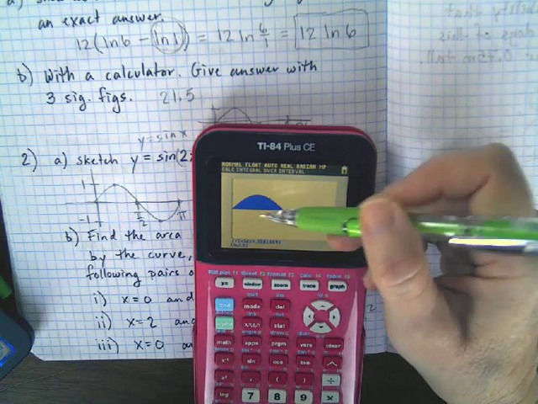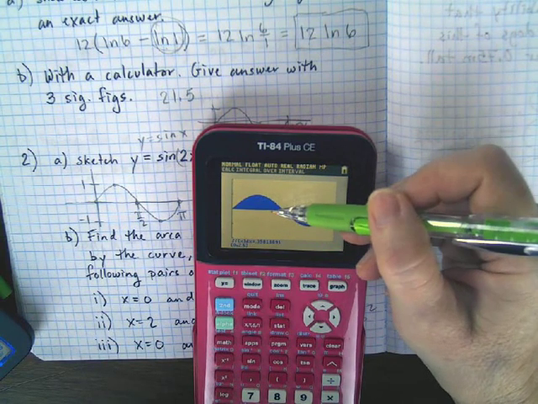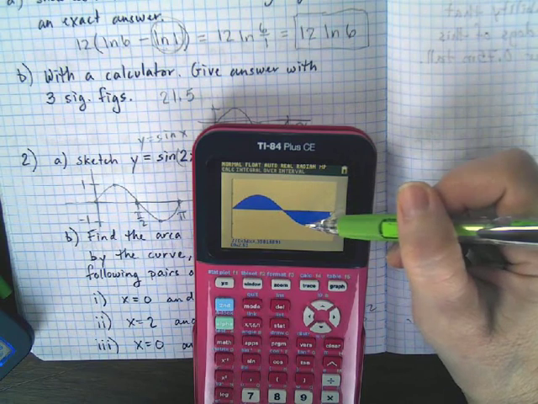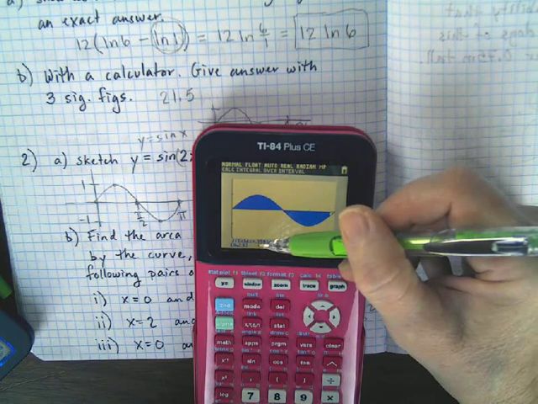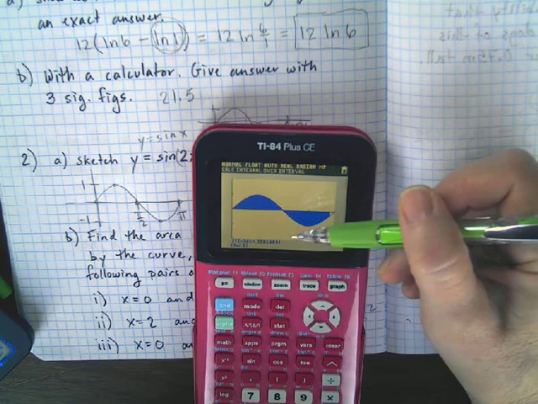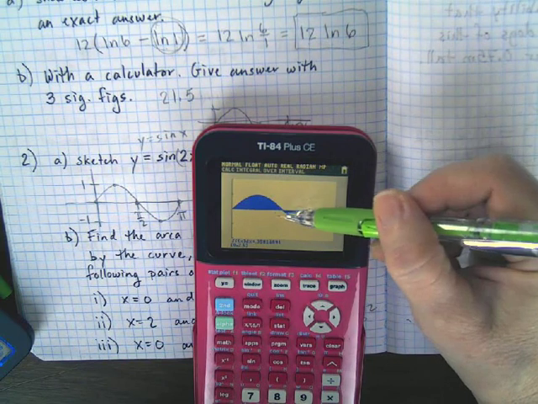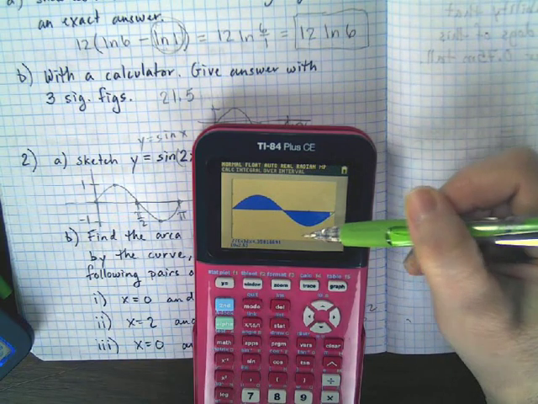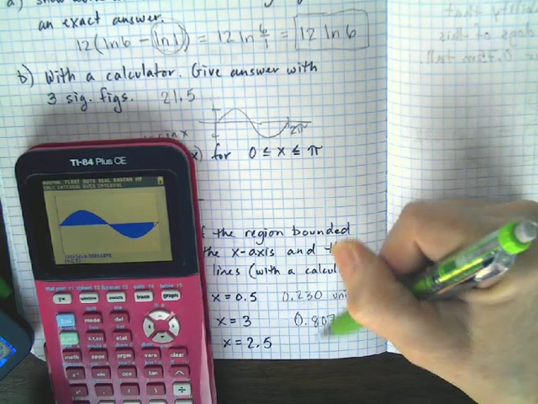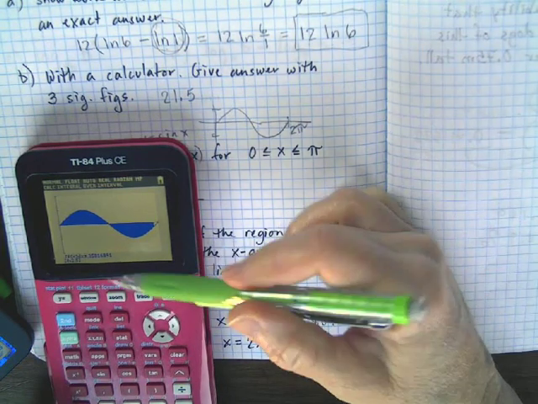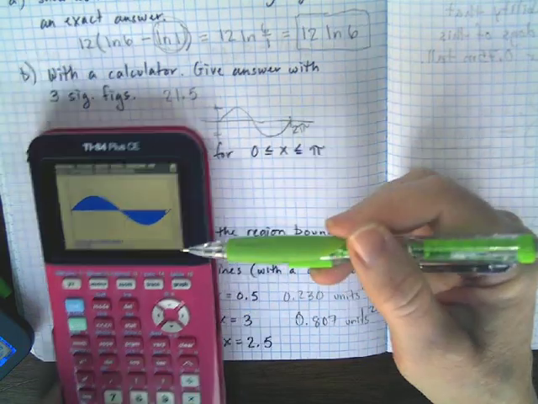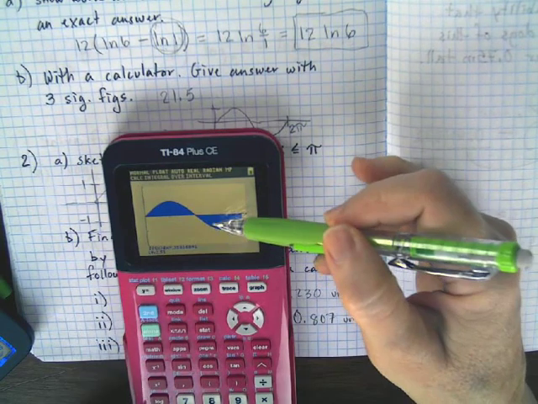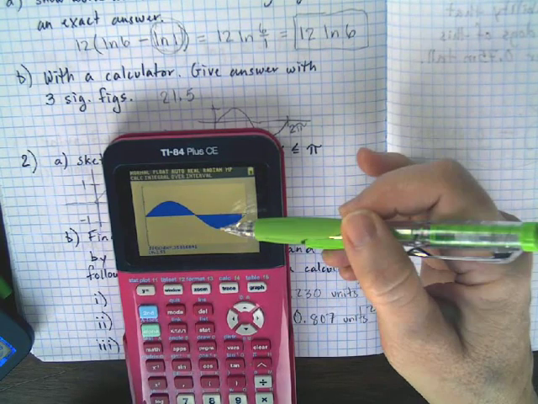But I did notice as it was filling in, some of the area was above and some of the area was below. And it gave me a total area of 0.358, which doesn't seem to make sense because it was all of this plus some more of this. So that seems like it should be bigger than either one of these, and right now it's in between them. And that's because part of the area is below the x-axis.